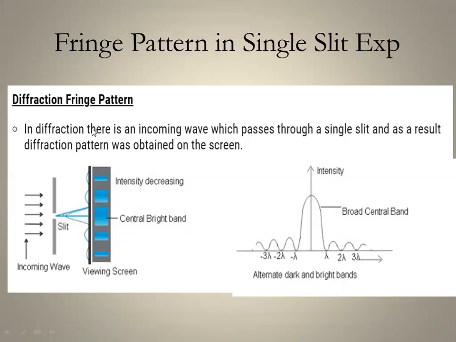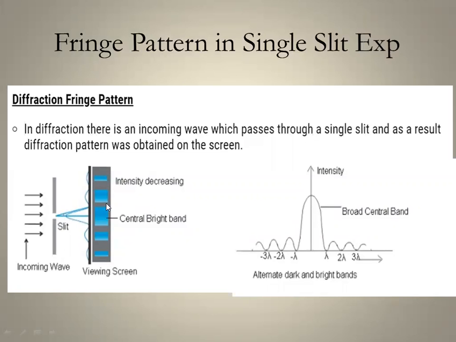So diffraction and the fringe pattern, how it happens in Young's single slit experiment, we are going to see here. In diffraction, there is an incoming wave which passes through the single slit. As a result, a diffraction pattern is obtained on the screen. We place the screen as usual, as we did for Young's double slit experiment.